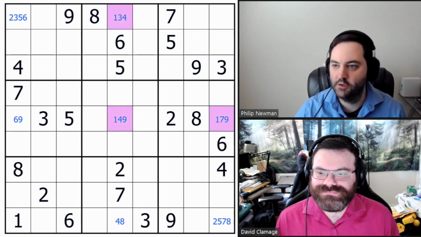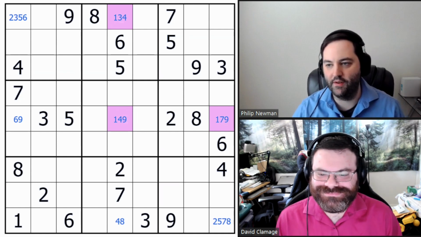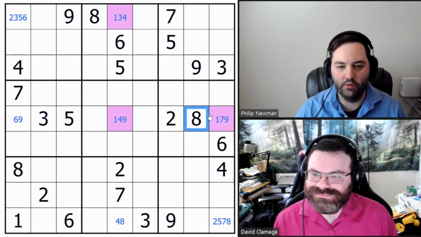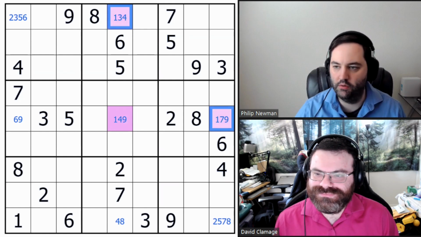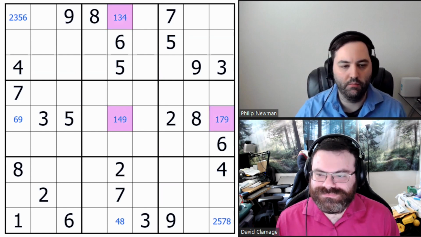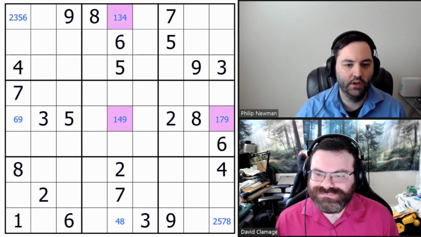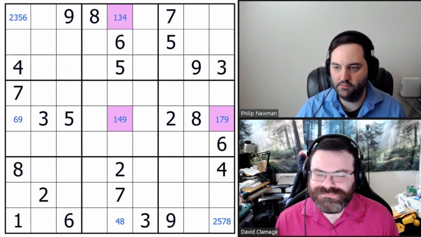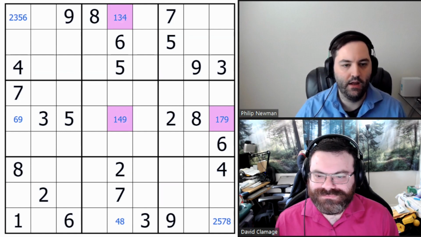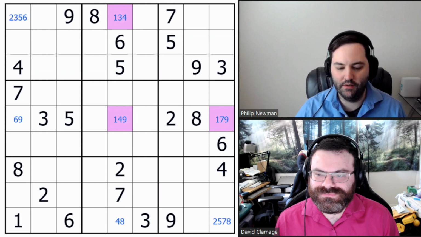So what we can say from the firework is that one of these cells, purple for fireworks, I guess, fireworks can be any color, one of these cells has to contain a 1. Could be more than one. Both of these could contain it, and the one in box 5 could be here. But at least one of those contains it. Okay. It's not obvious how to use that just on its own. So this is combined with something that is called a multi-sector hidden set.